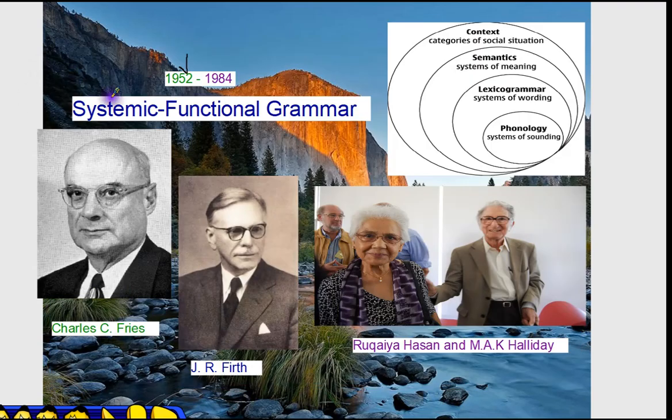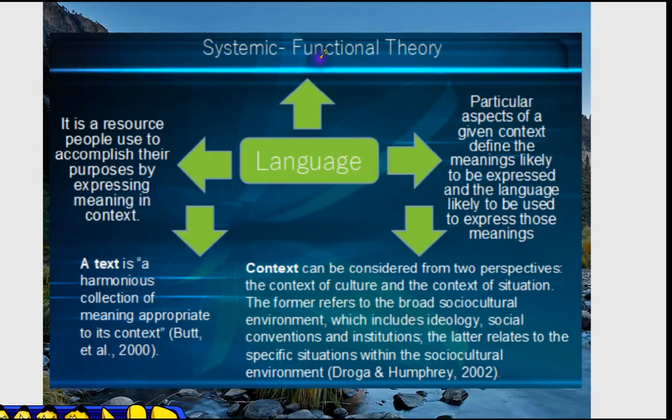It says 1984, when it was the boom era of the systemic functional grammar, but you will see that M.A.K. Halliday continued basically until the moment of his death working on this one. So how is language seen under the systemic functional theory?